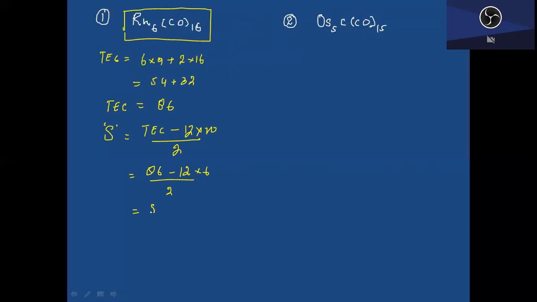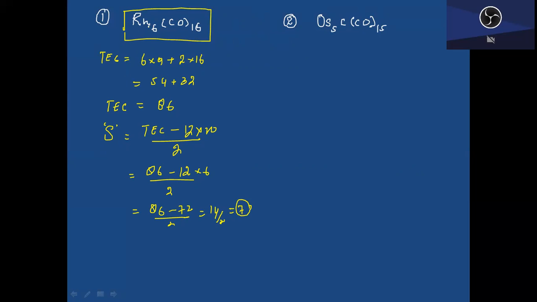So you get (86 minus 72) divided by 2, that is 14 by 2, which is 7. So the skeletal electron pairs in this complex is 7. If in the examination you are asked how many skeletal electrons are present for a particular cluster, the number of skeletal electron pairs is 7, isn't it?